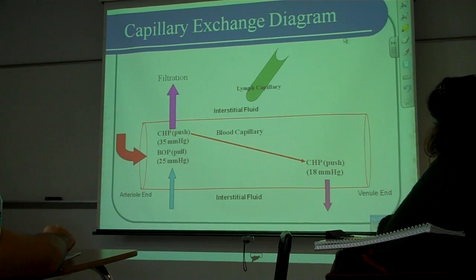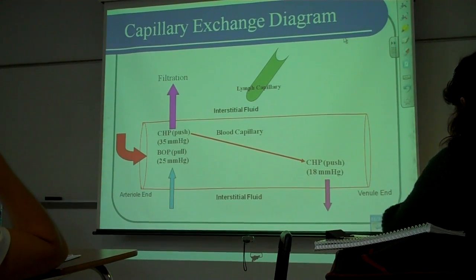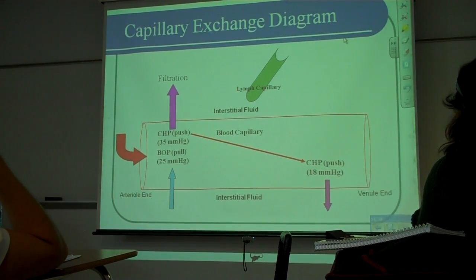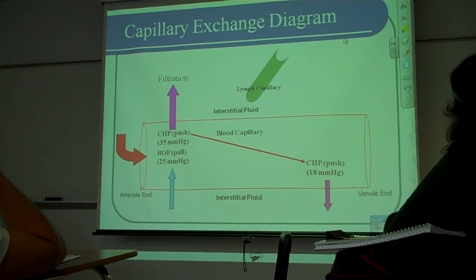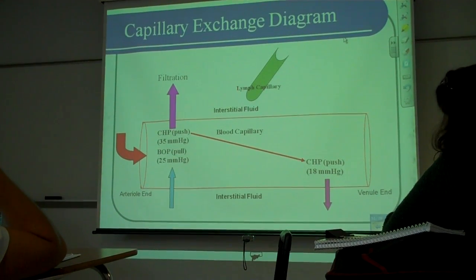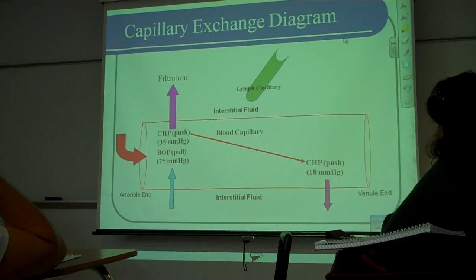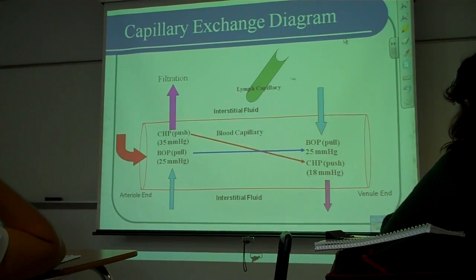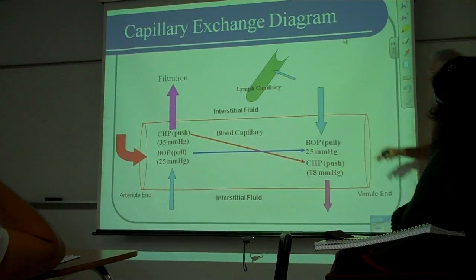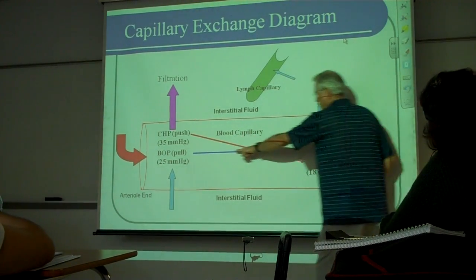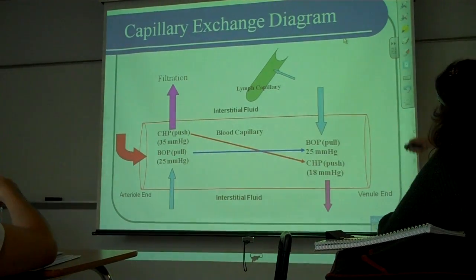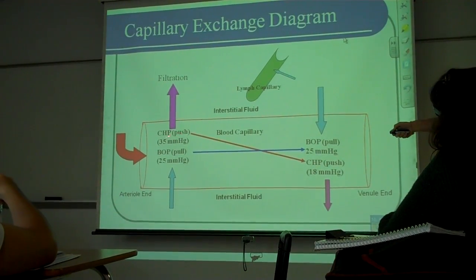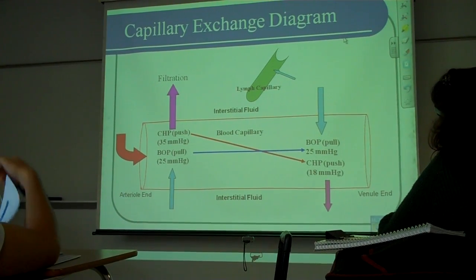What has not dropped, though? Not under normal circumstances. There are circumstances where if you were losing a lot of protein, it would change, but it's not normally going to change significantly. That's the blood osmotic pressure. It's gone the same, from 25 over here to 25 over here. But the hydrostatic has dropped from 35 to 18.